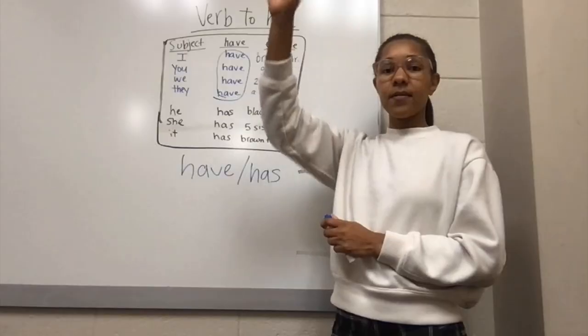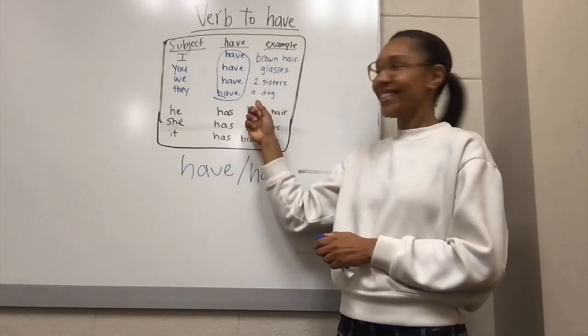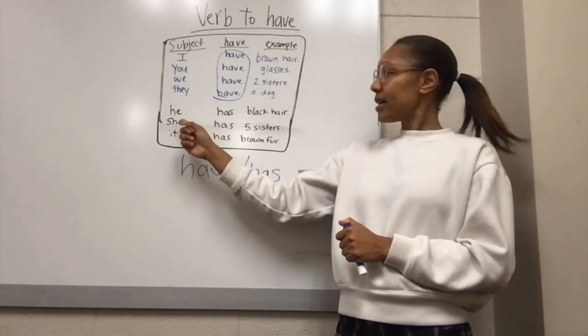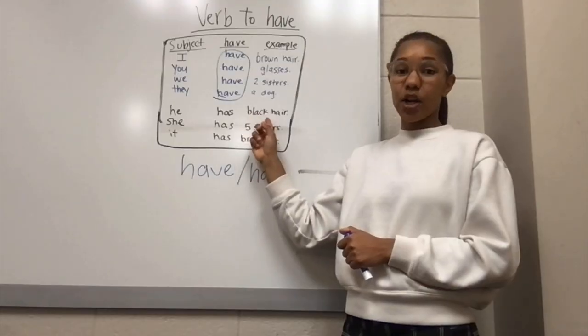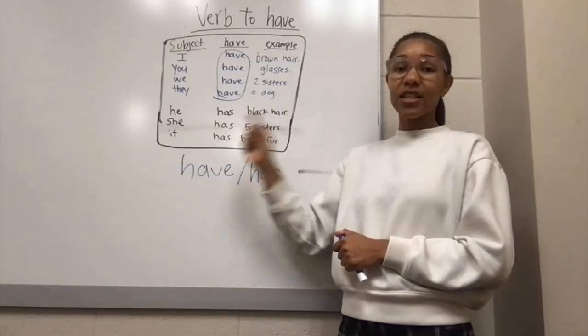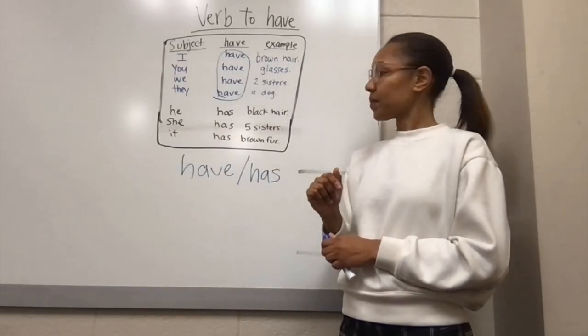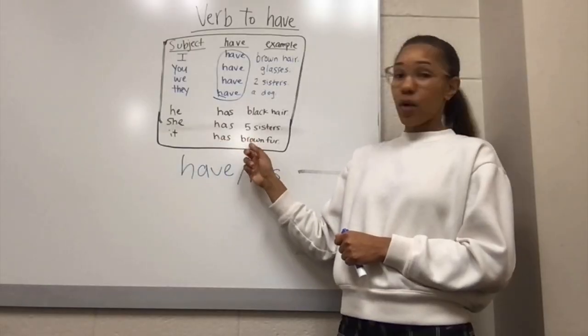Or they have a dog. Woof, woof, woof. Okay, so he has black hair. She has five sisters. And it has brown fur.